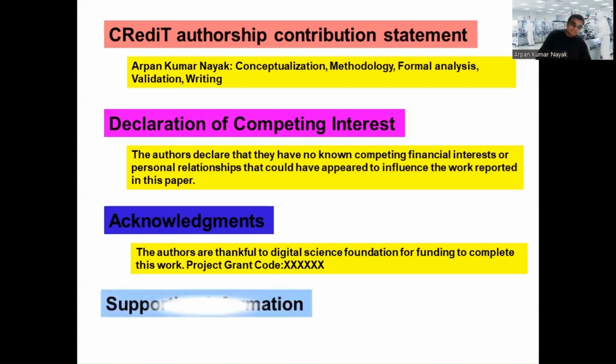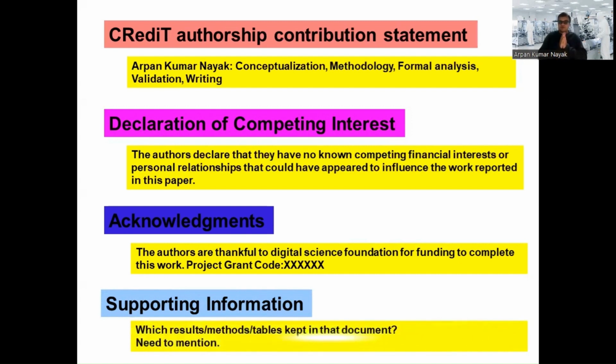And next, supporting information or supplementary information. You may have so many data, but due to the length of your work, you are unable to incorporate all of it, because there are word limitations and figure number limitations in each research article.